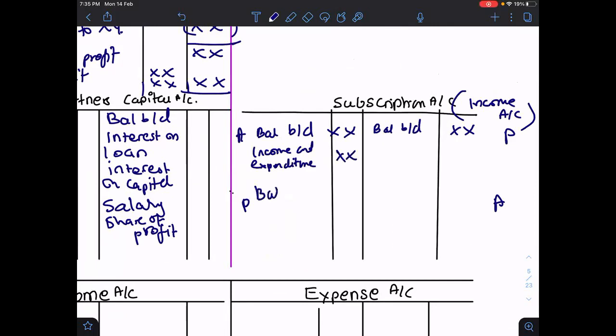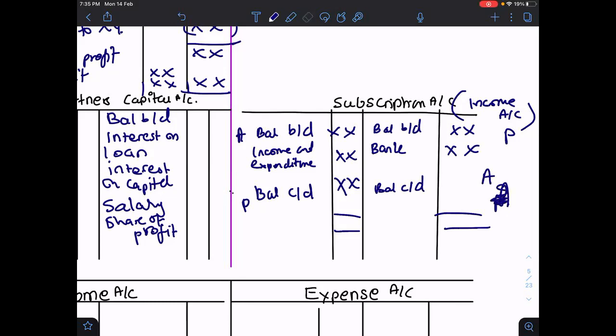Then prepaid balance last at the end of the year. Then here comes the bank that is paid, subscription paid, and balance CD of accrued balance CD comes in. Then balance down, bring down.